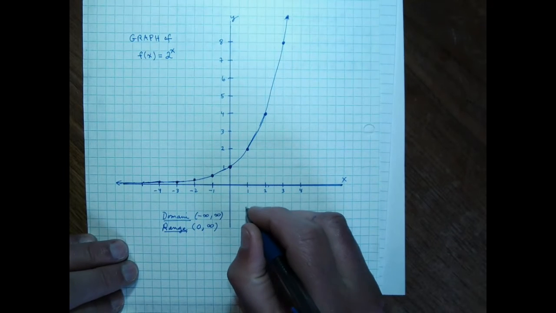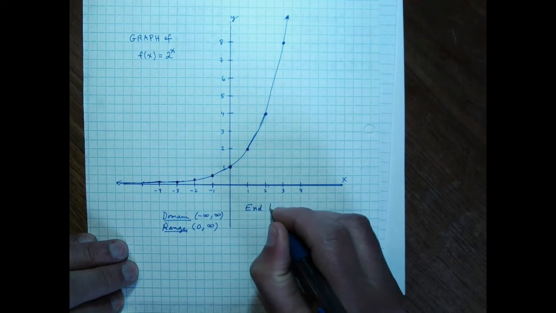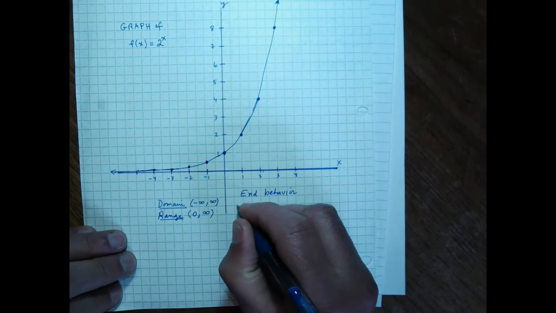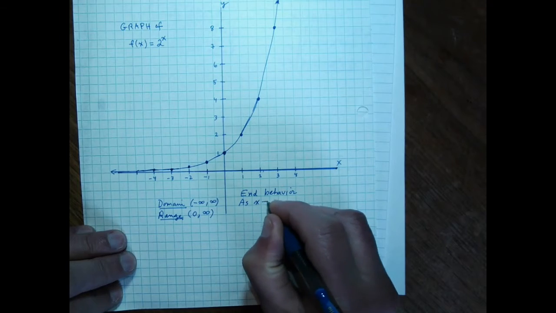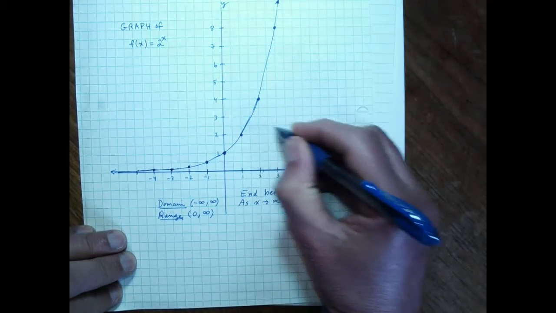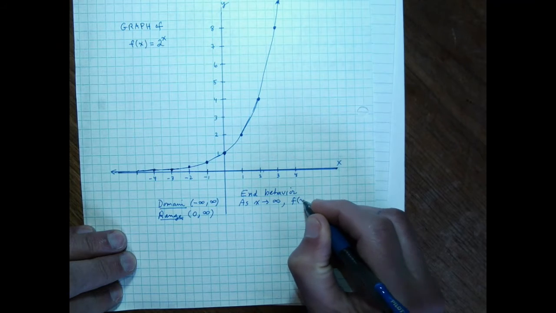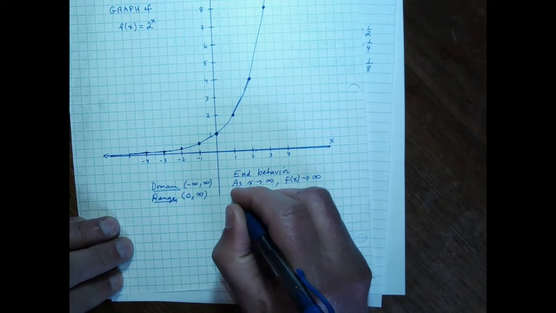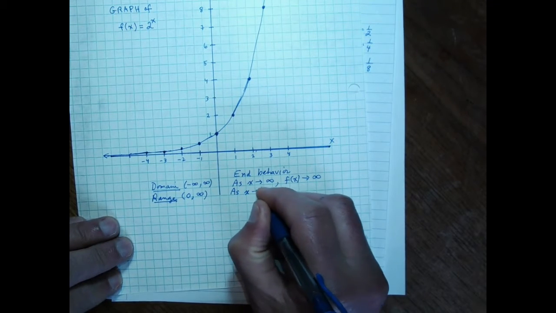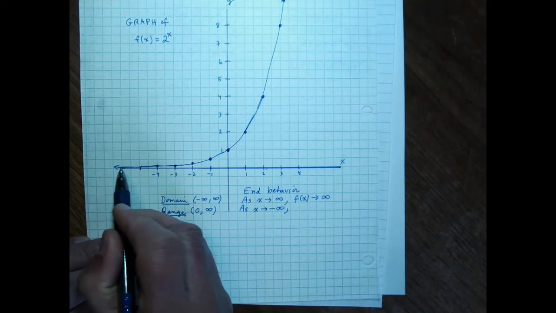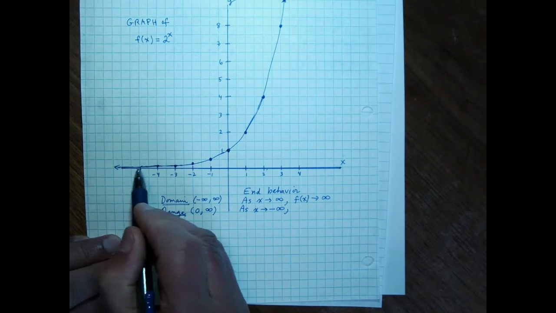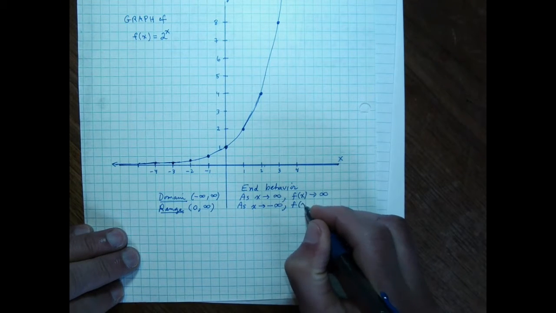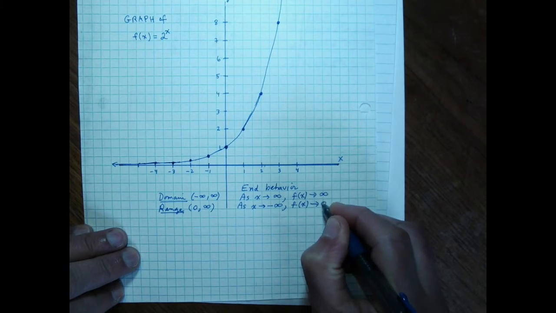And I want to say something about the end behavior. It's an important aspect of what's going on here. As x approaches infinity, as we move to the right, the function values get larger and larger. The function approaches infinity. But as x approaches minus infinity, as we go off to the left, the graph flattens out along the x-axis. So we would say f of x approaches 0.